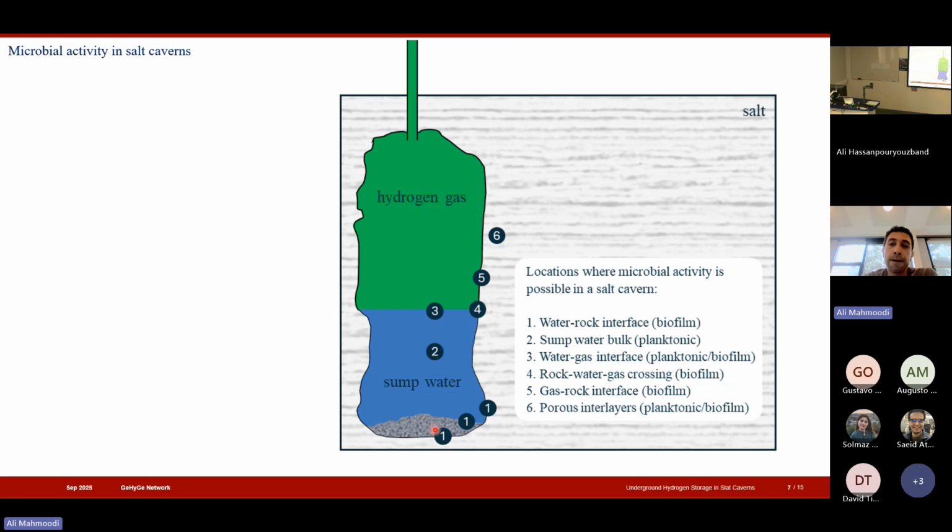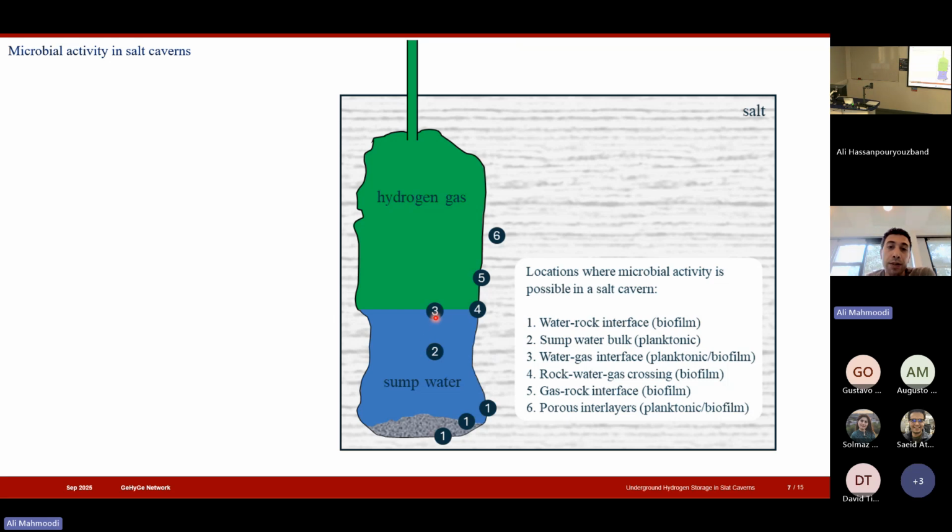So the formation of biofilm on this porous media of the insolubles at the bottom, on the walls of the salt cavern deep inside this body of water, is the first one. The second one is the body of water itself. Planktonic bacteria, the bacteria that don't need to create a biofilm, are swimming around and consuming hydrogen.